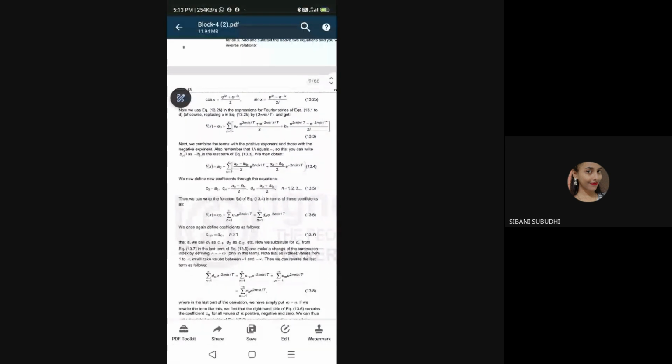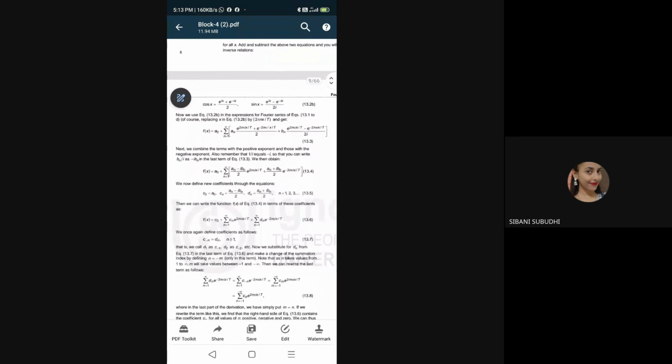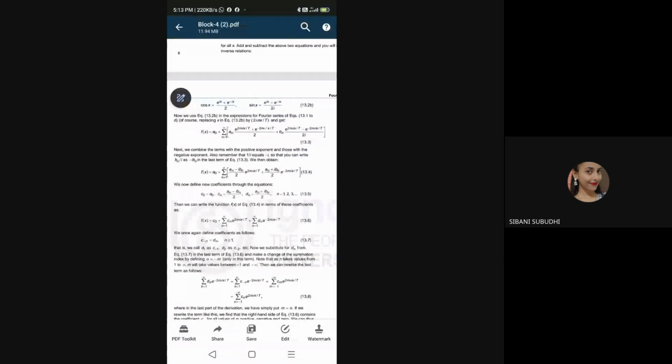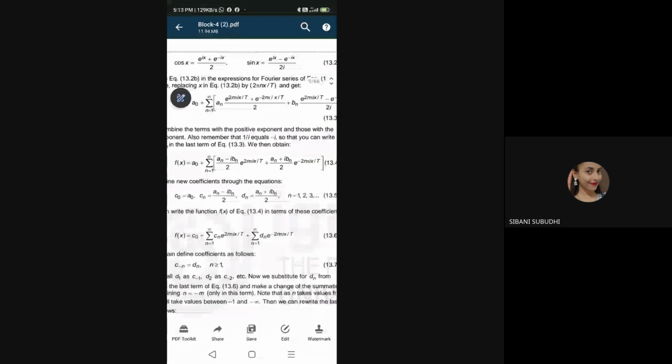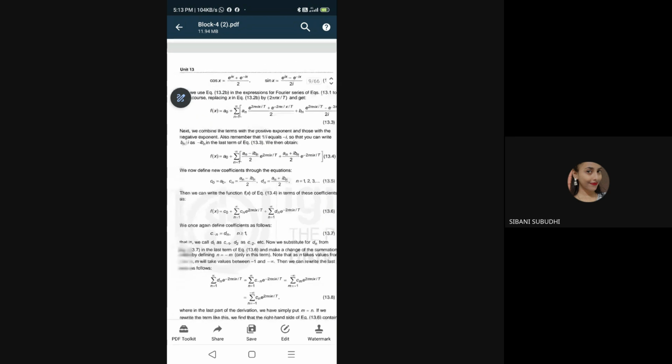So you can write f(x) equals a0 plus summation n equals 1 to infinity of (an - ibn)/2 multiplied by e^(2nπix/T) plus (an + ibn)/2 e^(-2nπix/T).